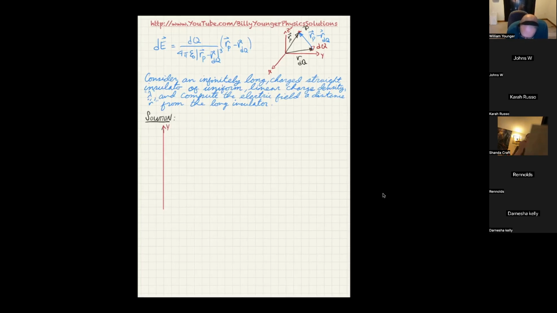And it's technically a three-dimensional problem, but the symmetry of it allows us to pretend like it's a two-dimensional problem. So what I'm going to do is I am going to draw the wire like so.